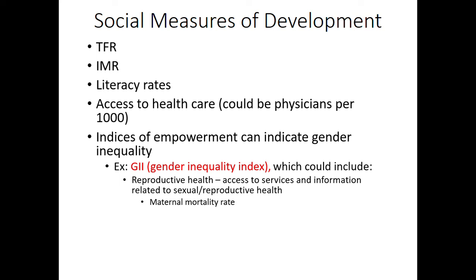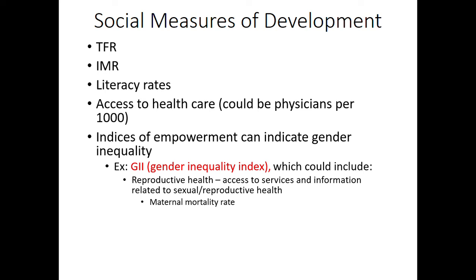Related to this, maternal mortality rate. We may not think about this much at our age, especially if you're a boy, but in the U.S. women don't die very often in childbirth. In lots of other countries, it's fairly common. Childbirth is a very difficult thing to go through, so I'm told.